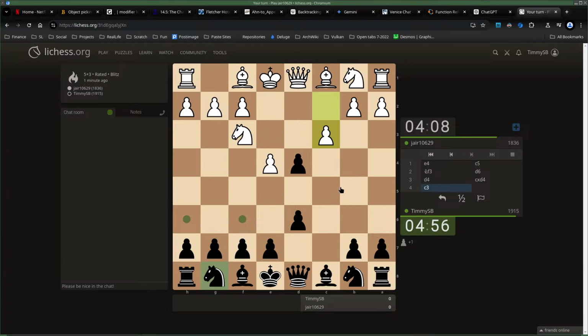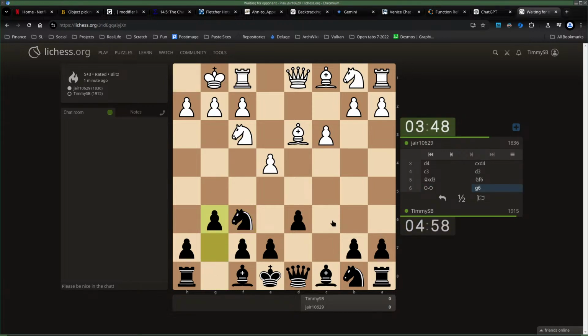Or they are using a computer and the computer is just set to this slow. Really, someone is this slow. Every move in the opening. How is that even possible?